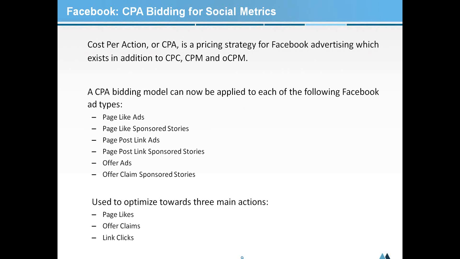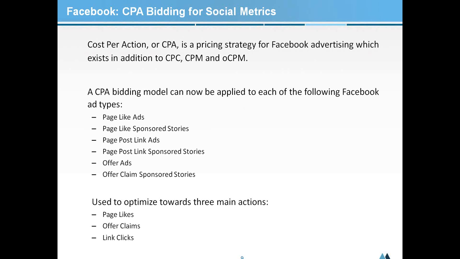So if you do have a cost per action, or say in order to have someone perform an action, you can spend X amount of money, those types of targets, then you can set up a CPA model and apply them to the following ad types. So for example, the page like ads, page post link sponsored stories, or offer claimed ads.